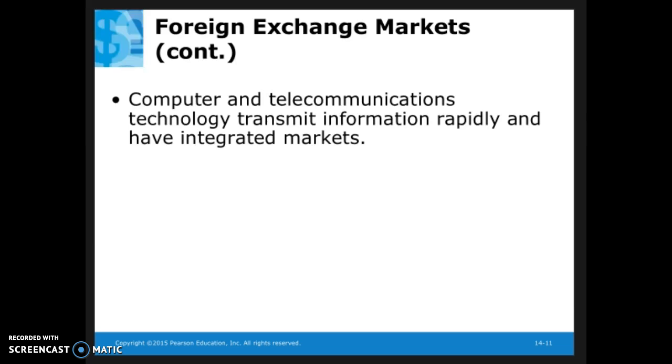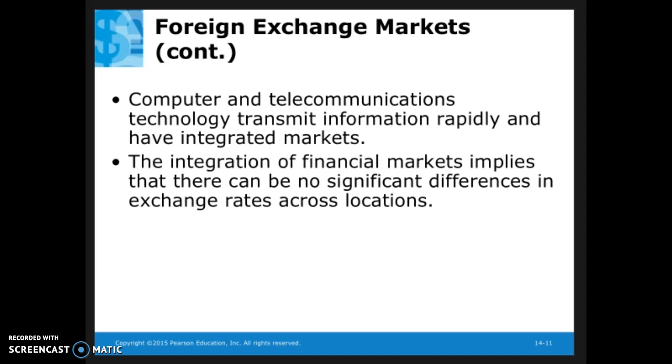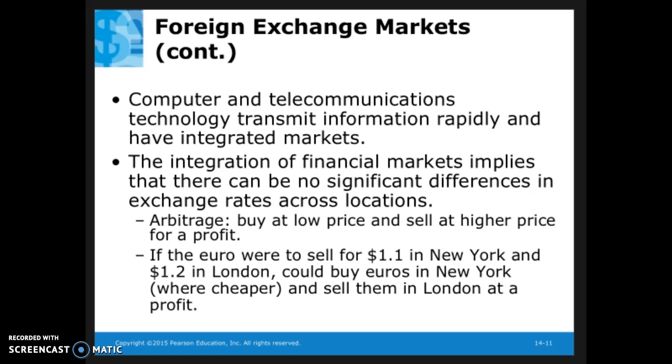Computer technology and telecommunications technology has allowed this to be a lot more rapid and more integrated. This integration implies that there are no significant differences in exchange rates across locations. So this removes the arbitrage ability that used to exist in the foreign exchange market.